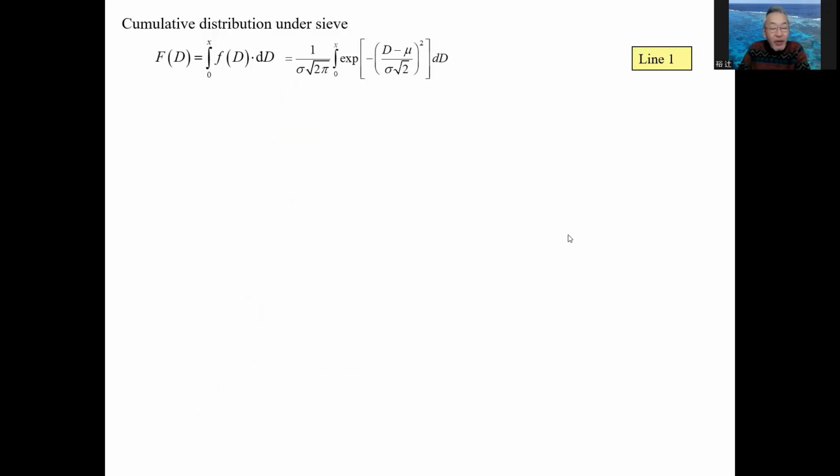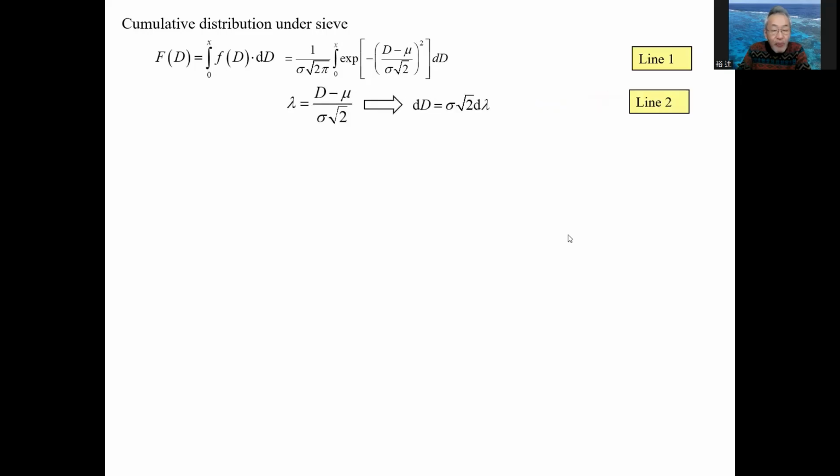The expression of FD in the previous page is shown again on the first line. Without doing anything, it's difficult to get a concrete value of FD even if a value of D is specified. So on this page, I will show how to find a specific value of FD when a numerical value of D is given.